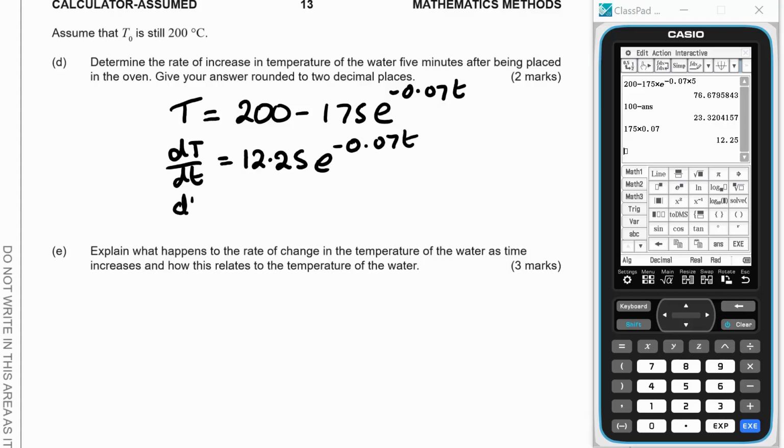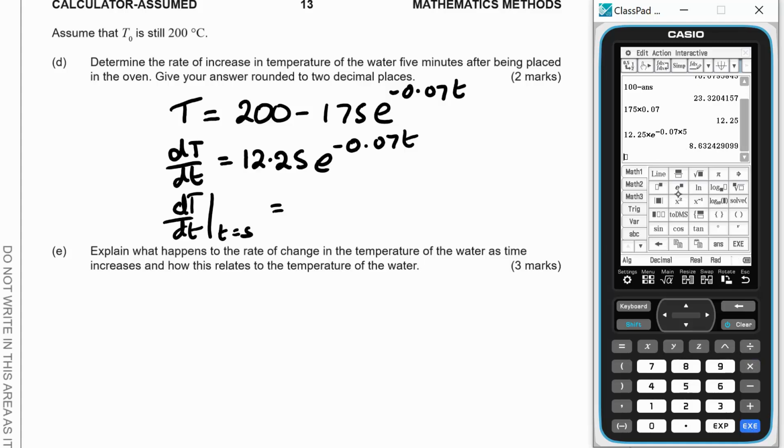And then we want dT/dt, given that t equals 5. So that is going to be 12.25 multiplied by e to the negative 0.07 times 5, which gives us 8.63, and that would be degrees C per minute.